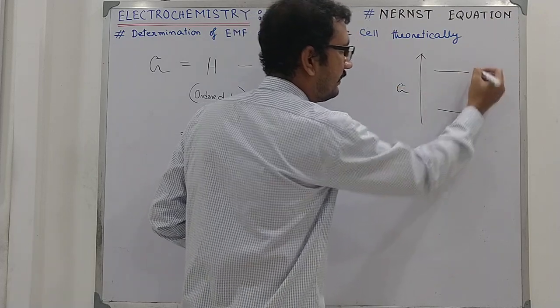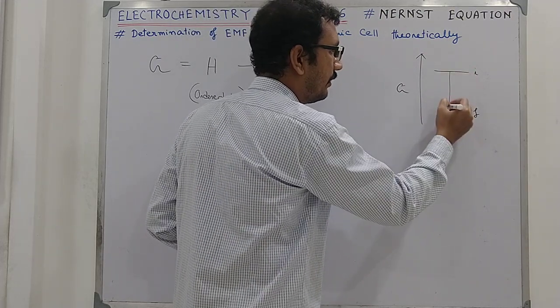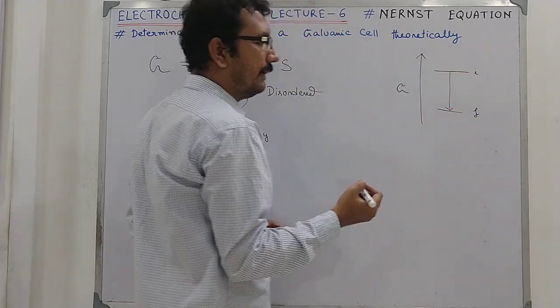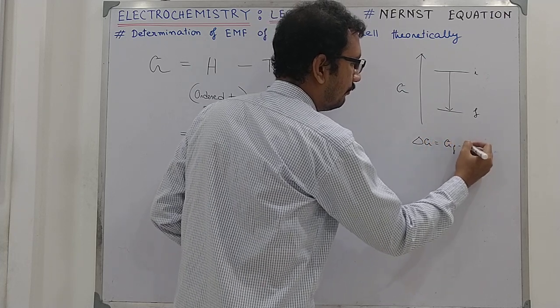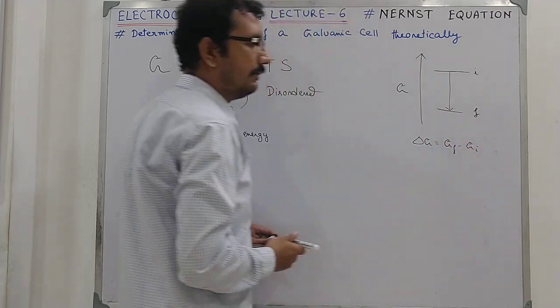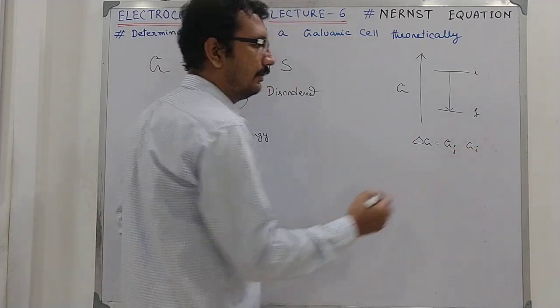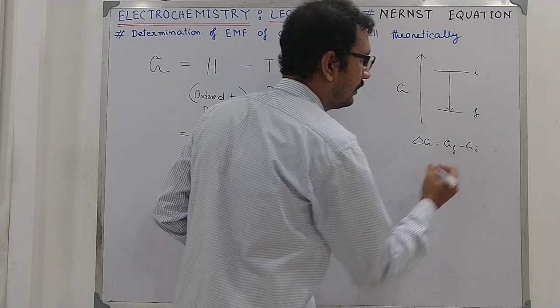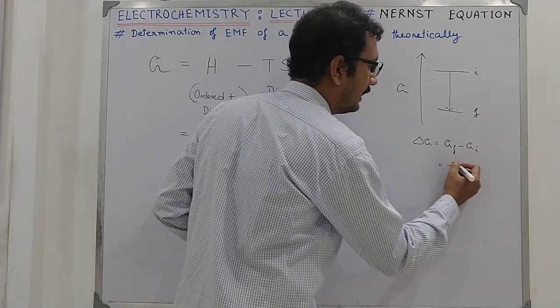If this is the initial state and this is the final state, and if the system goes from the initial to the final state, then we will have the change like this, that is del G equal to G final minus G initial. So it will be negative.